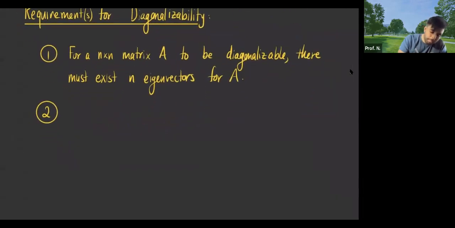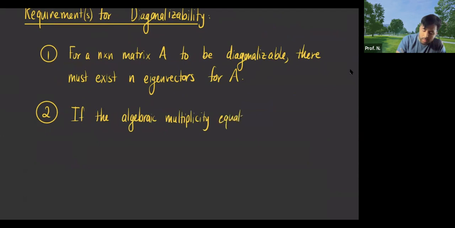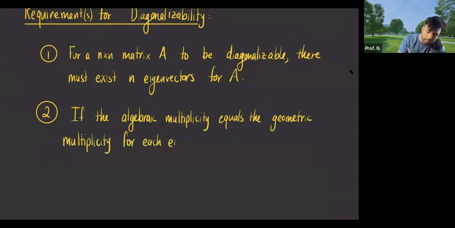So that says that if the algebraic multiplicity equals the geometric multiplicity, for each eigenvalue of A, then A is diagonalizable.